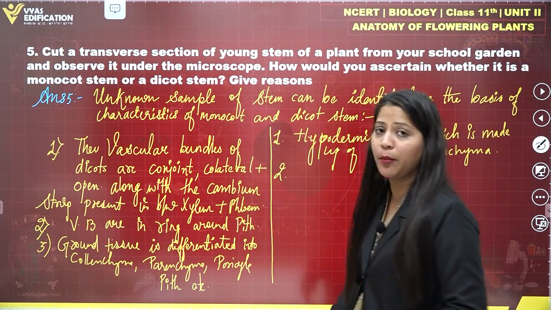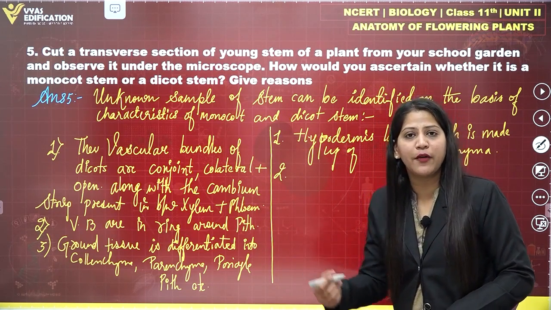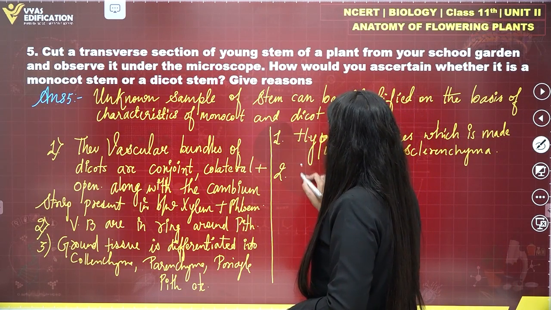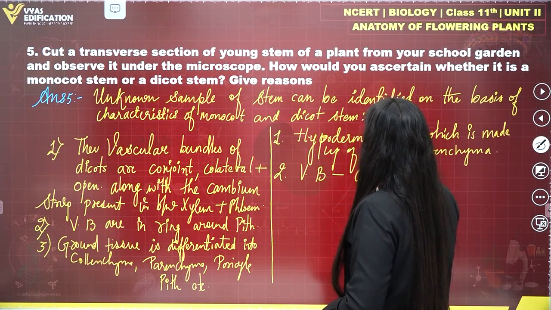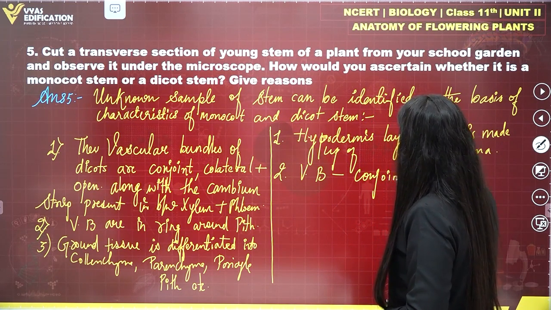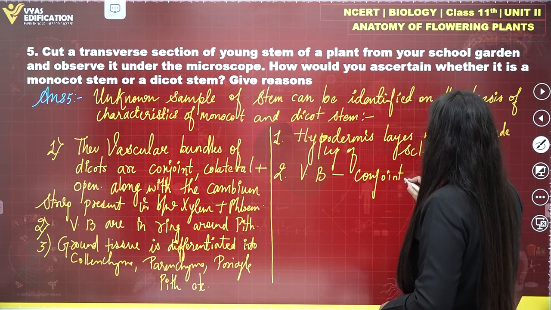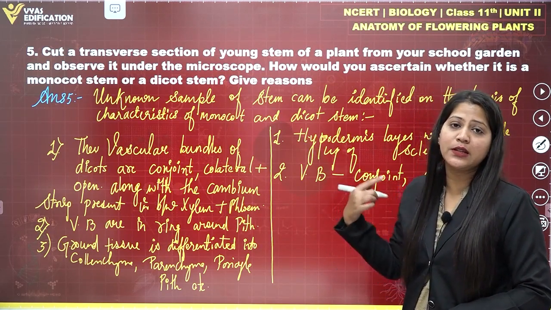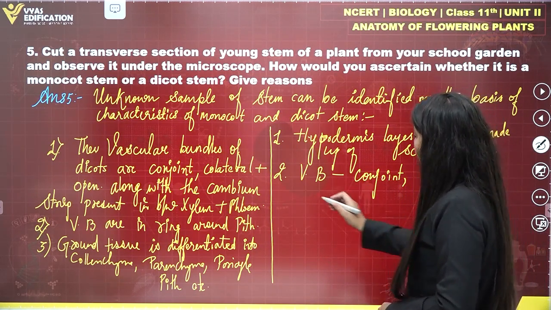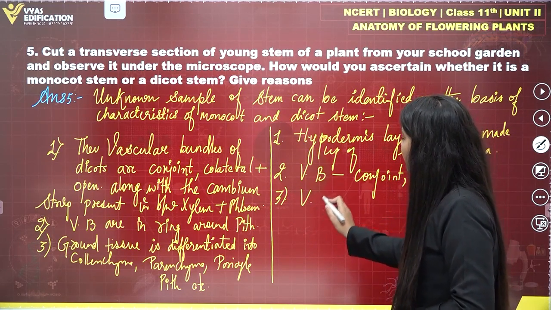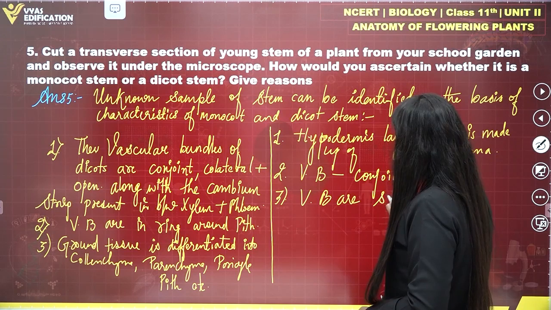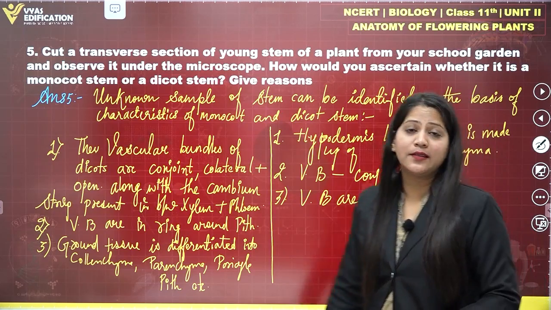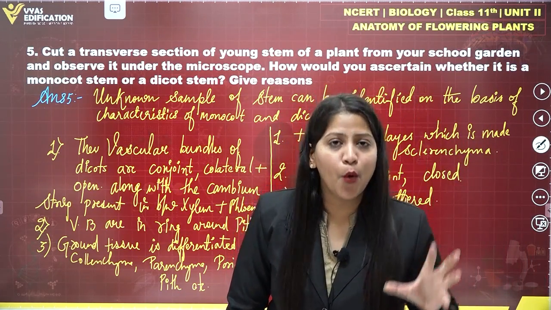Second, they have vascular bundles which are conjoint and closed and scattered. That means no secondary growth is found in the monocot stems, and the vascular bundles are scattered. So these are some characteristics of monocot stems.